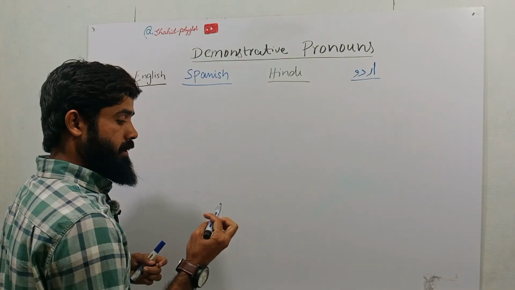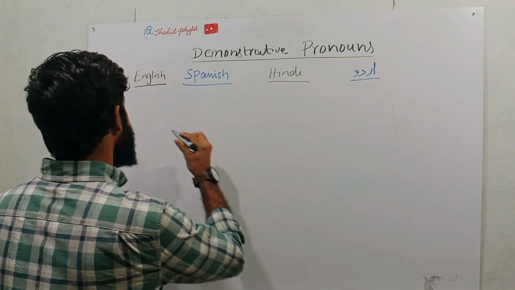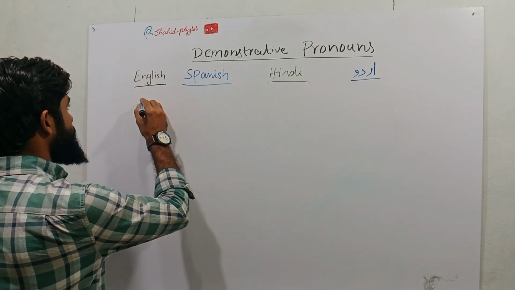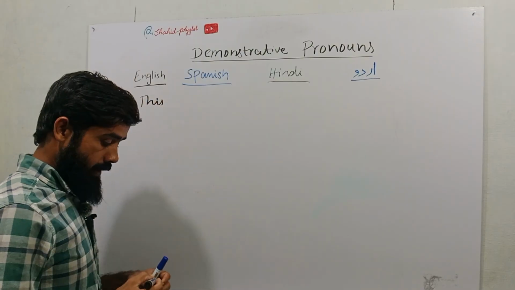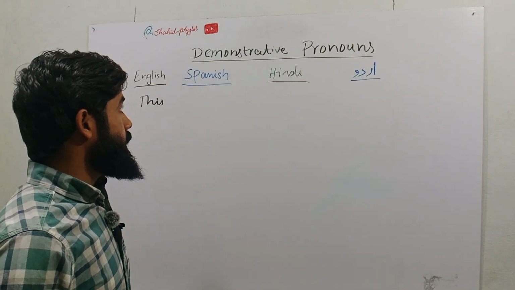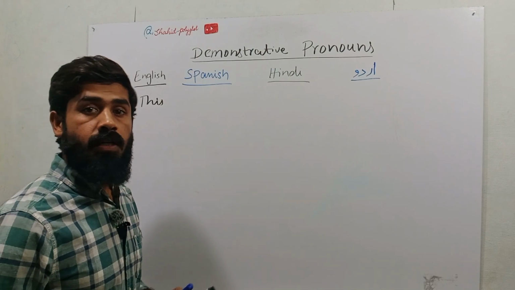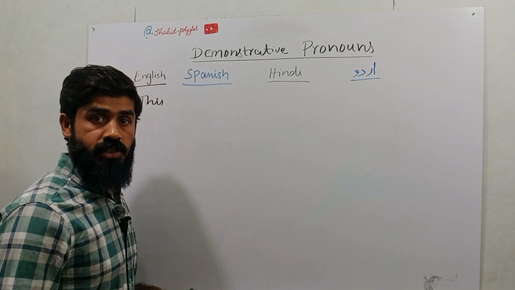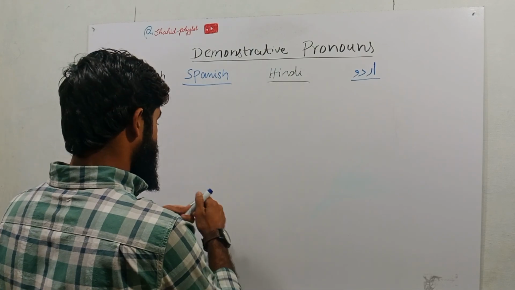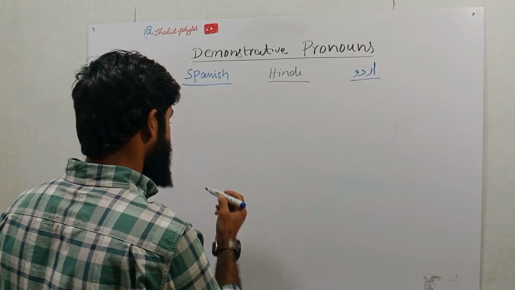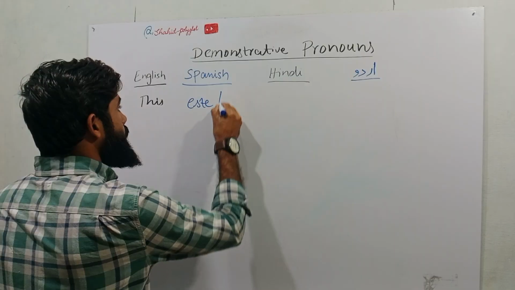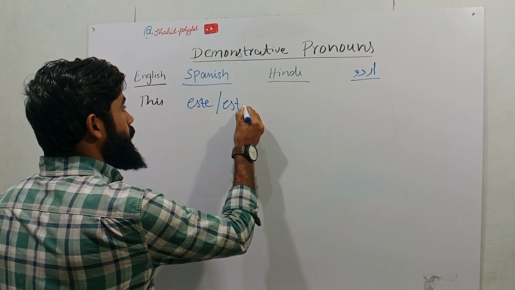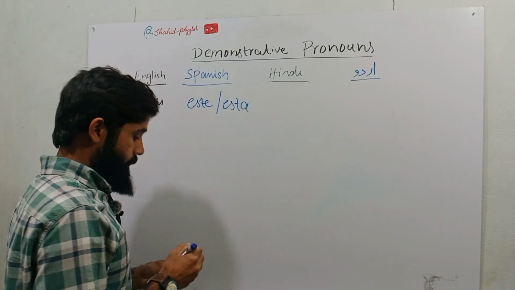The first demonstrative pronoun we have is this. In Spanish, we say este or esta, depending on the gender. Este is used for masculine gender and esta is used for feminine gender.